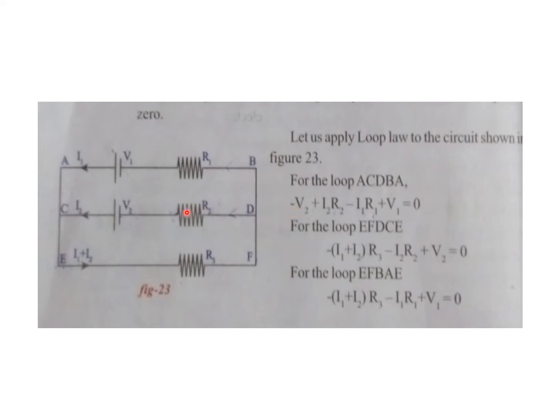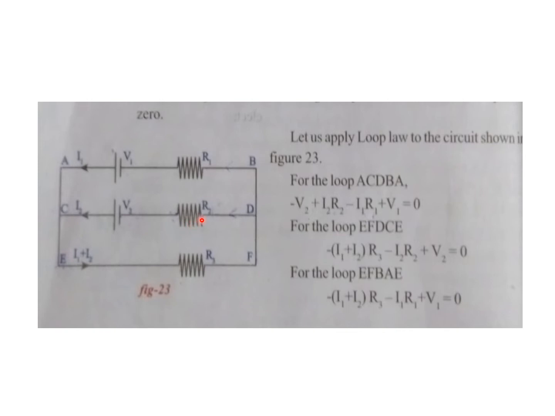But as we move forward to the point R2, what happens? Due to the resistor R2, the potential at this point is decreasing, and as it is decreasing, it is denoted by the negative sign. But our direction is also negative, so minus into minus becomes plus, and the voltage at this point is plus I2 R2.